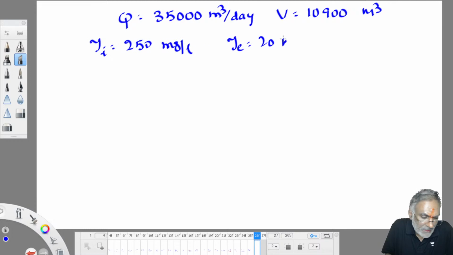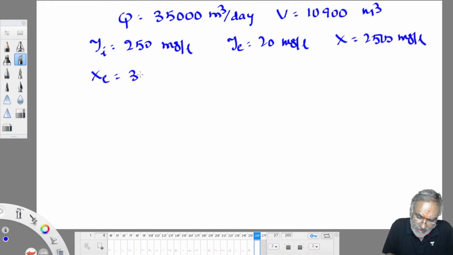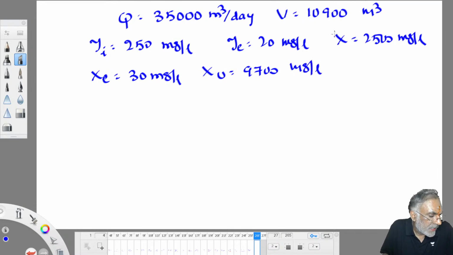Ye is 20 milligram per liter. X is 2500 milligram per liter. Xe is 30 milligram per liter. XU is 9700 milligram per liter. And Qw is 220 meter cube per day.